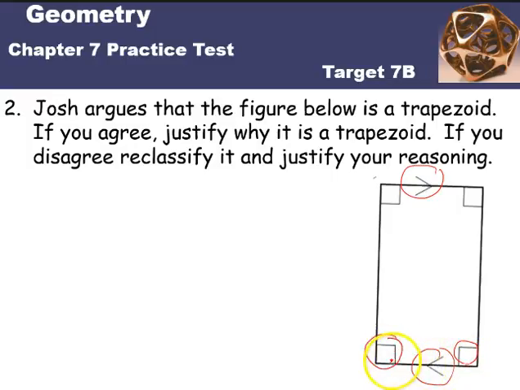And we have a theorem that says if same side interior angles are supplementary, that makes the lines parallel. So it turns out that these 2 sides are parallel too. So this is not a trapezoid. This has 2 pairs of parallel sides. It's actually a rectangle.